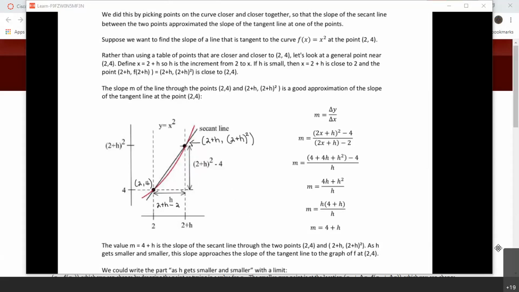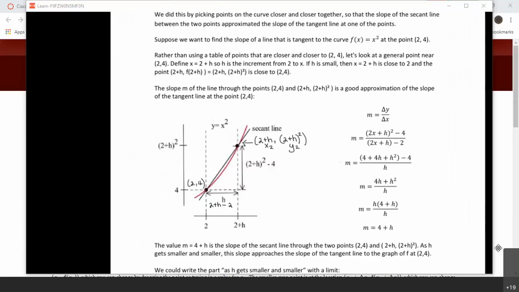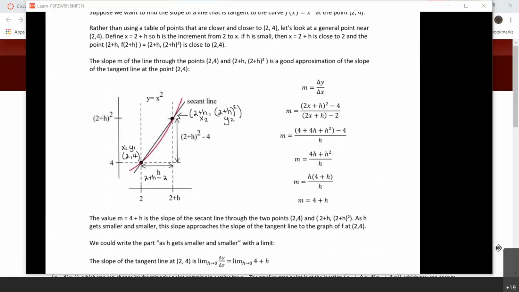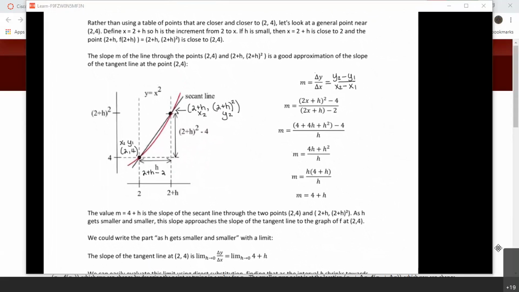Here's what you want to think of. Let's call this point x2, y2, and let's call this point over here x1, y1. I've got two points, and I'm trying to find the slope: y2 minus y1 over x2 minus x1. I think everybody remembers the slope formula from before.